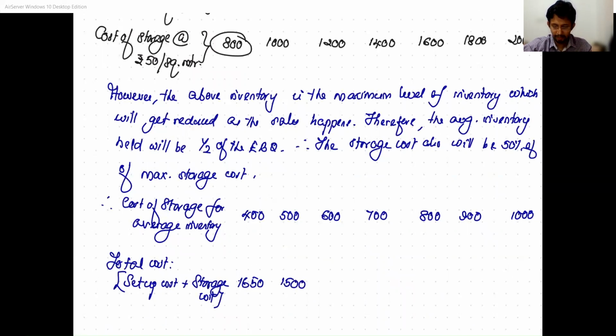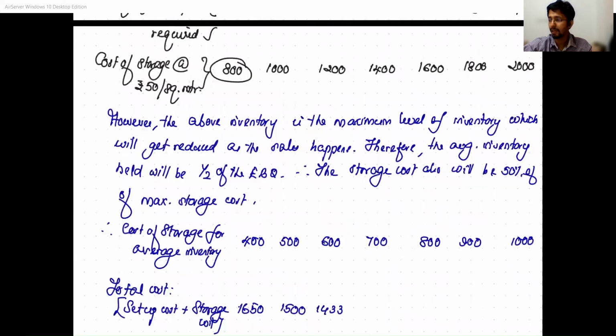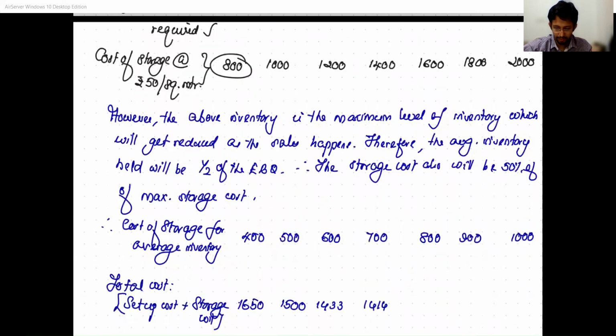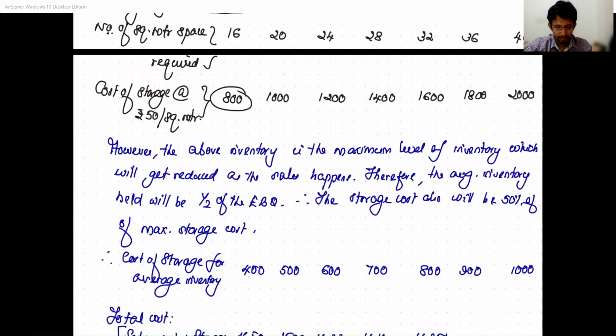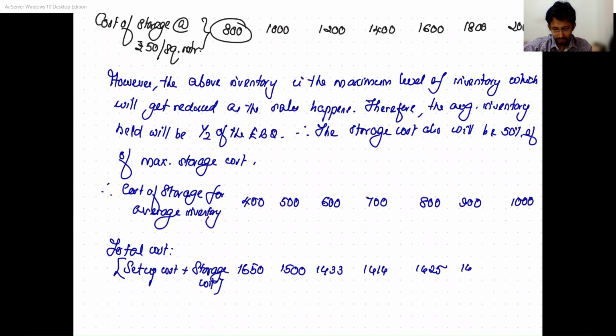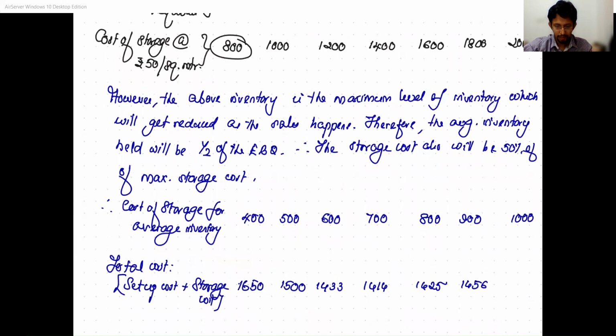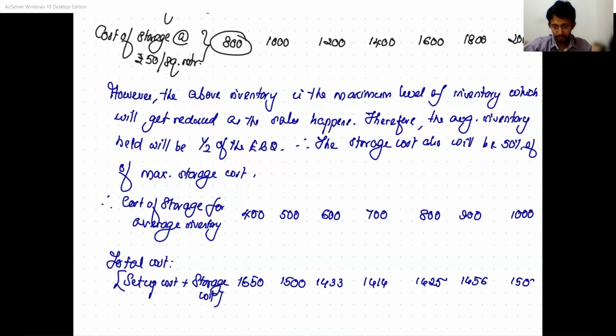Next is 833 plus 600, 1433. Next is 714 plus 700, 1414. Next is 625 plus 800. That is 1425. Next is 555 plus 900. That is 1456. Next will be 500 plus 1000. That is 1500.